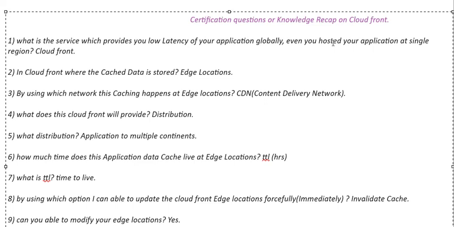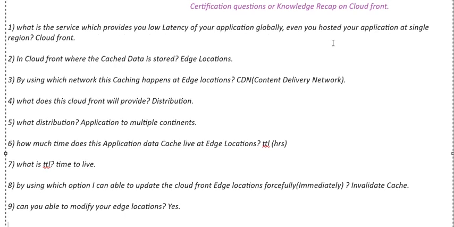What are we doing with this invalidate cache option indirectly? We are indirectly updating or modifying the data present at edge locations. Since we can update the data present at edge locations, we are indirectly changing the edge location data.